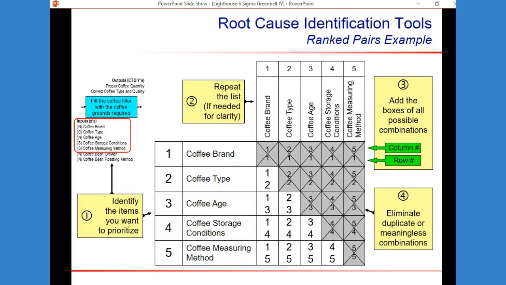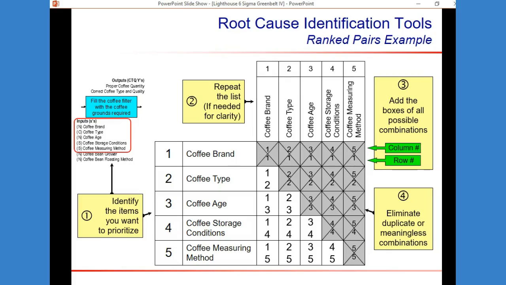It's an Excel spreadsheet, and you simply go in and say, well, here are the things that affect the taste of the coffee, and you repeat them across the top. And of course, as soon as you do that, the analysis blanks out the ones that don't make any sense. So when you're trying to pair up coffee type and coffee type, it doesn't make any sense, so the analysis will block those out.